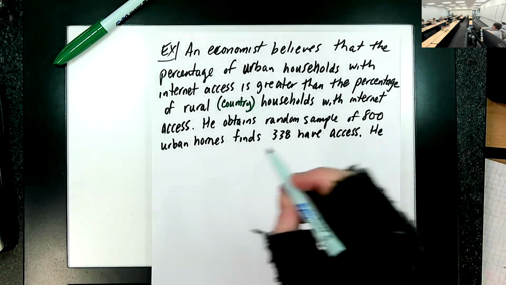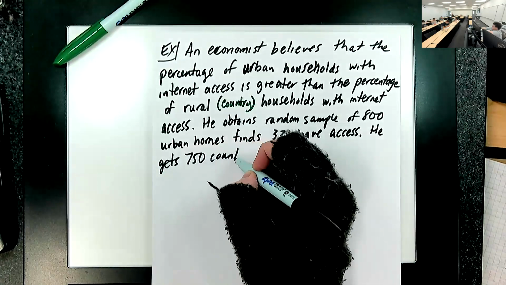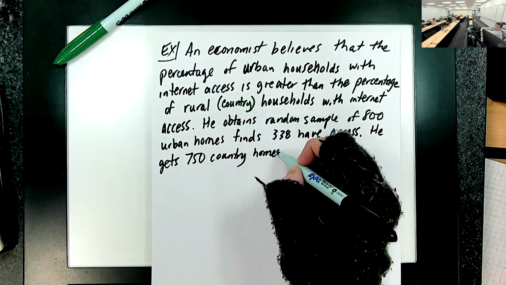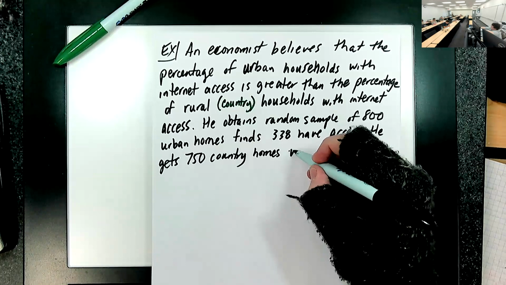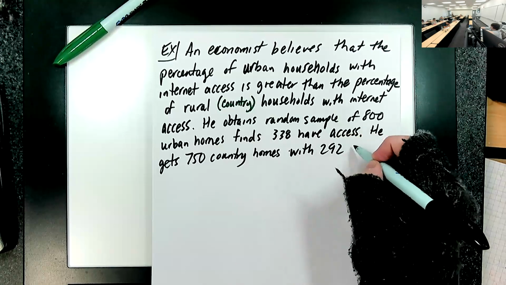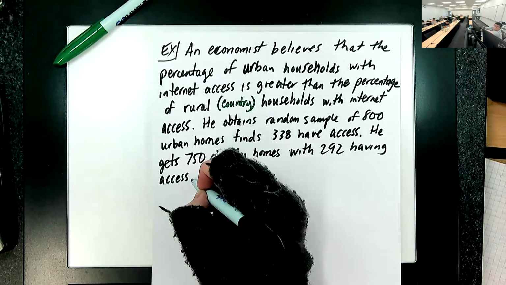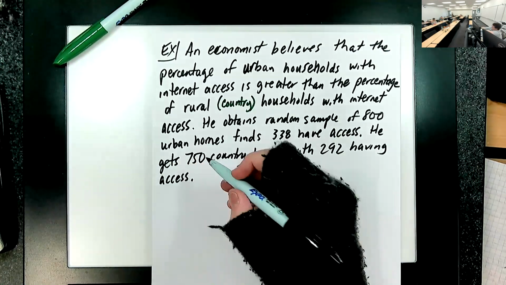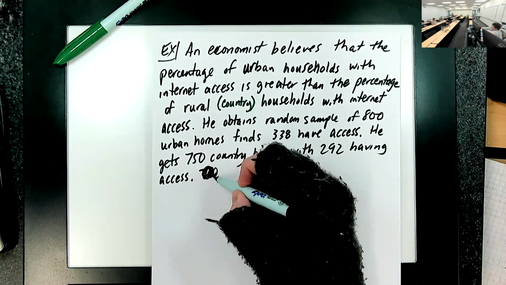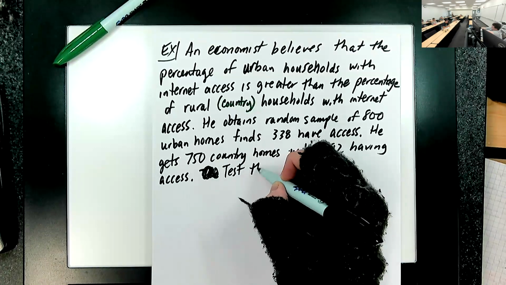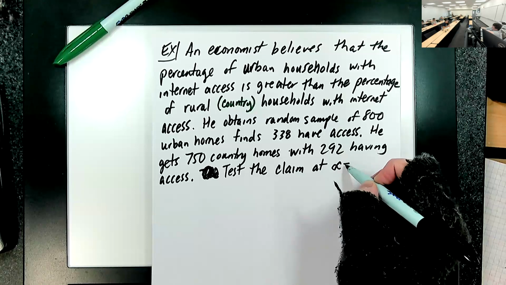He gets 750 country homes with 292 having access. Test the claim at alpha equals 0.05 level of significance.